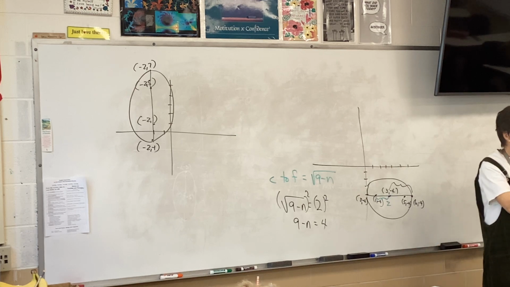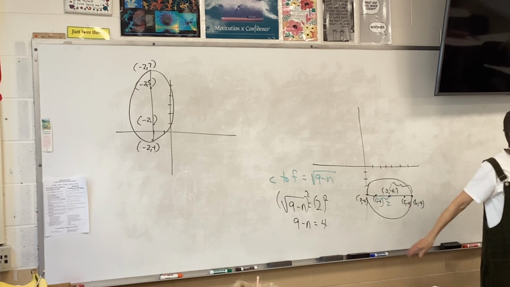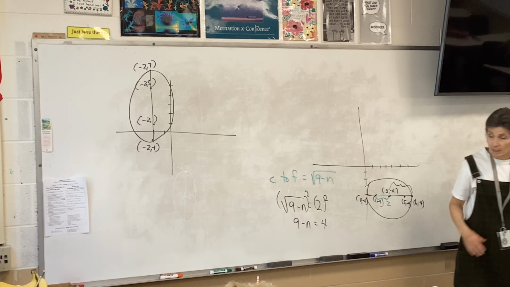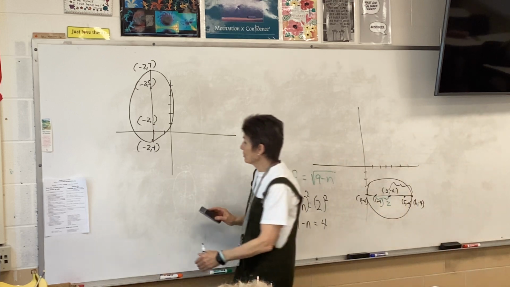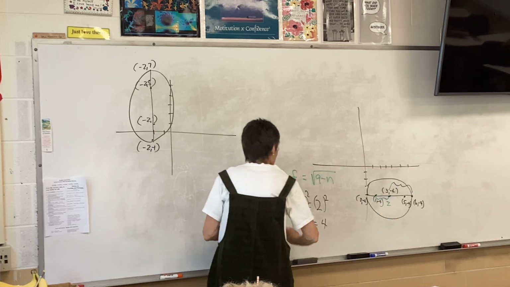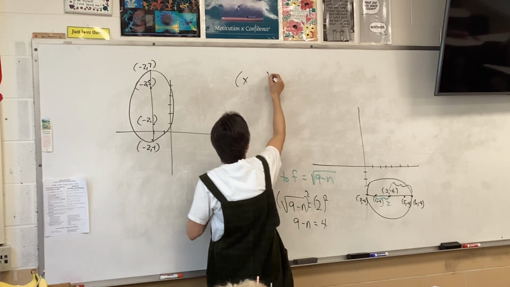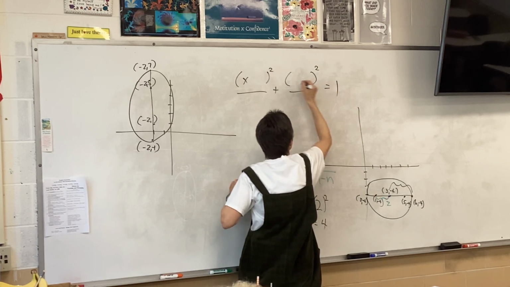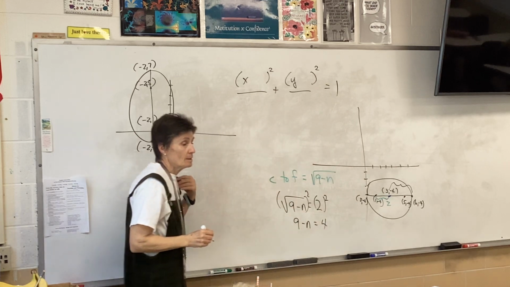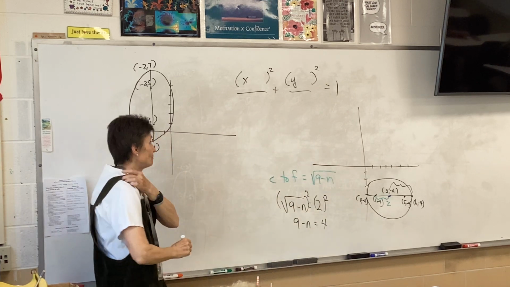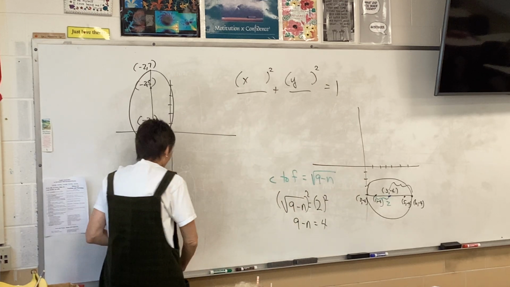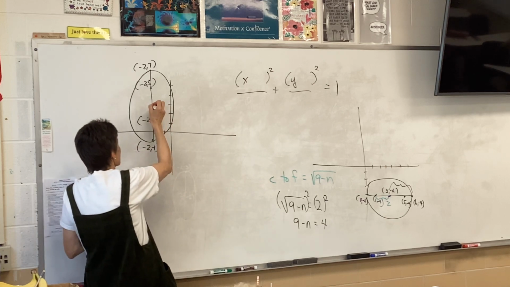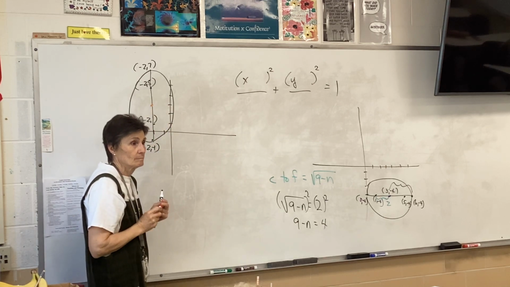We need to write the equation of this ellipse. So we need the center. So my equation is going to look like they always look. Would everybody agree that your center is in here somewhere?